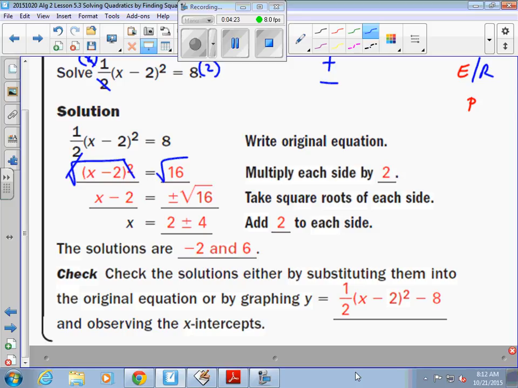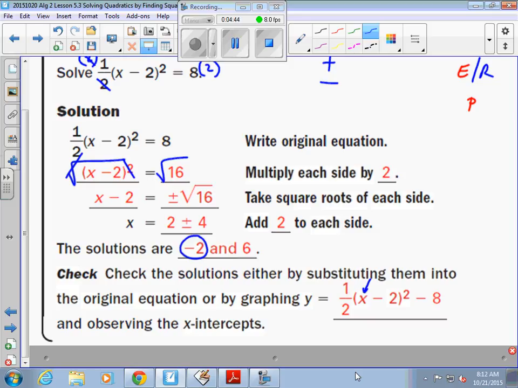So let's say if we plugged both of these numbers in, negative 2 and 6, and negative 2 came out to be something that worked. If we plugged it in right here, negative 2 minus 2 is negative 4. Negative 4 squared is 16, and half of 16 is equal to 8. So that's a true statement. But let's say 6 didn't work.